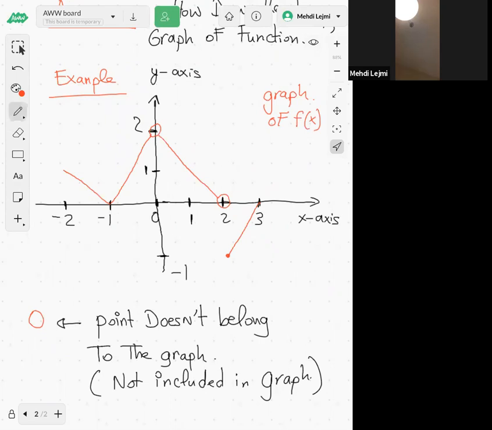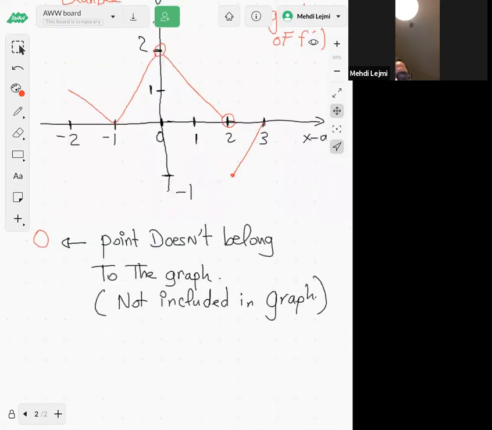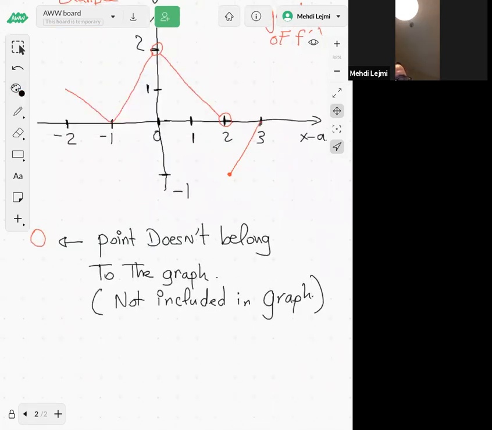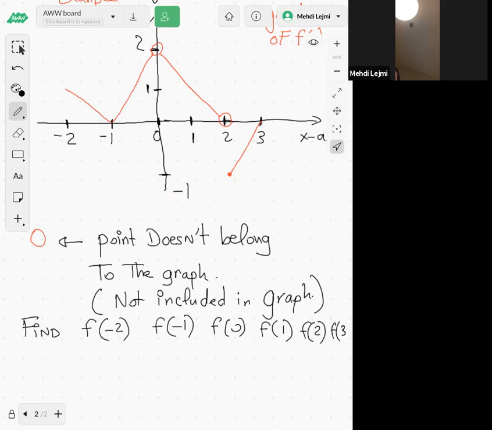Now, let's say we wanna find f of -2, f of -1, f of 0, f of 1, f of 2, and then f of 3. Right. So let's start with f of -2.